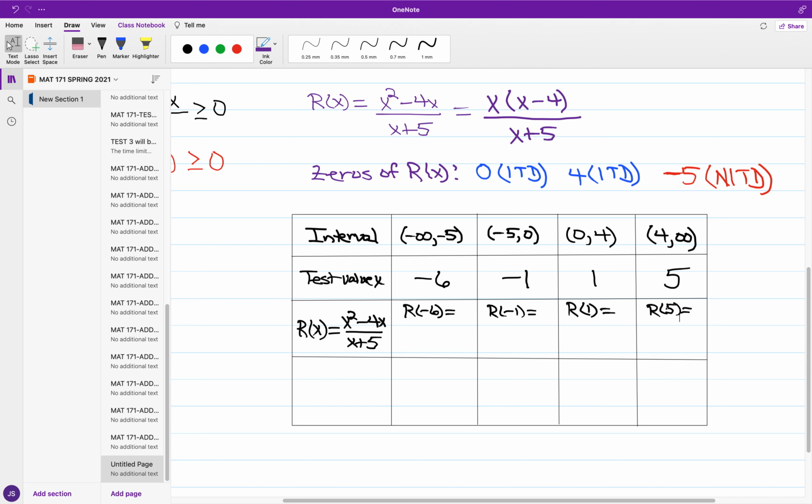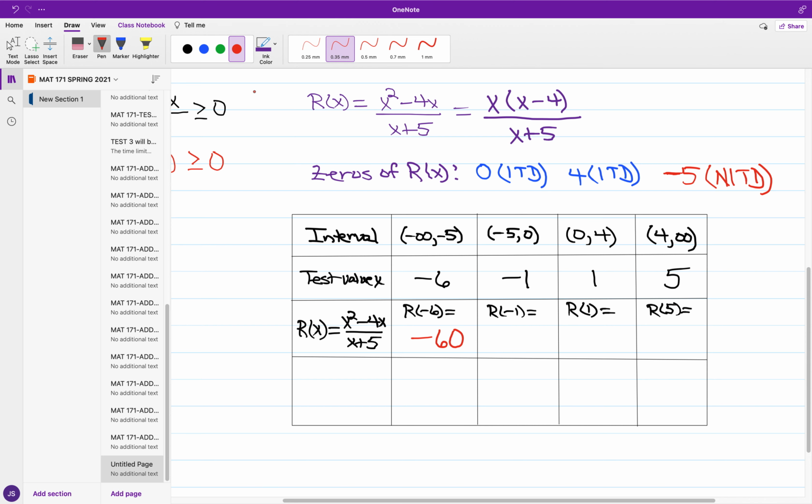For negative 6, negative 6 plus 5 is negative 1 in the denominator. Negative 6 squared is a positive 36, and negative 4 times negative 6 is a positive 24. 36 plus 24 is 60, divided by negative 1. So r of negative 6 is minus 60.